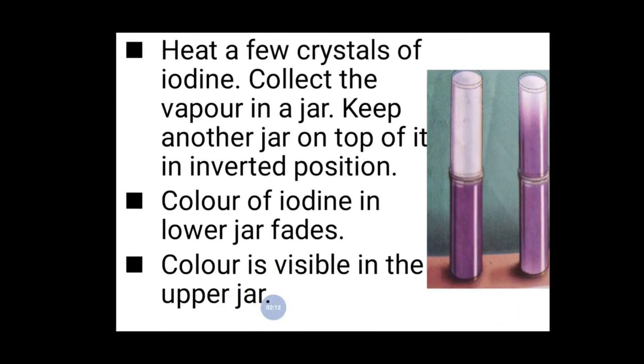And you can see that this iodine vapor is visible in the upper jar. So what are the two differences that you can see once you do this experiment? The color of the lower jar fades and the color is visible in the upper jar. That means you can see iodine vapor in the upper jar, and the reason is this iodine flows upwards, right?